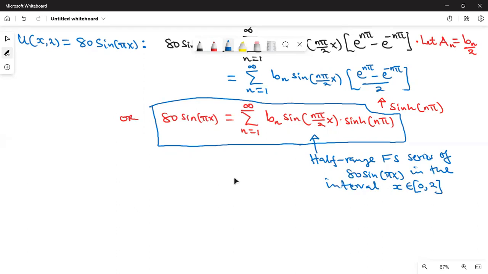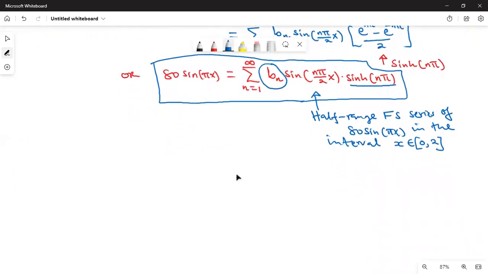So how do you find the coefficient? Remember this constant. Look at this: bn, you will combine it with hyperbolic sine of n pi. That is a constant. So there are two ways you can do this. The first way, method 1, I am going to expand the right-hand side.